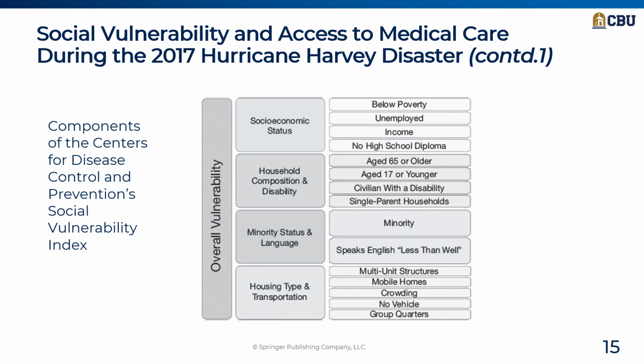You have a variety of measures combined from the census data, allowing people like myself, epidemiologists, to look at different geographic levels, like city level or census tract, to identify which areas have a particularly high level of vulnerability and use that data as part of our risk assessments to work with communities that are disadvantaged and help prepare them in different ways for emergencies.